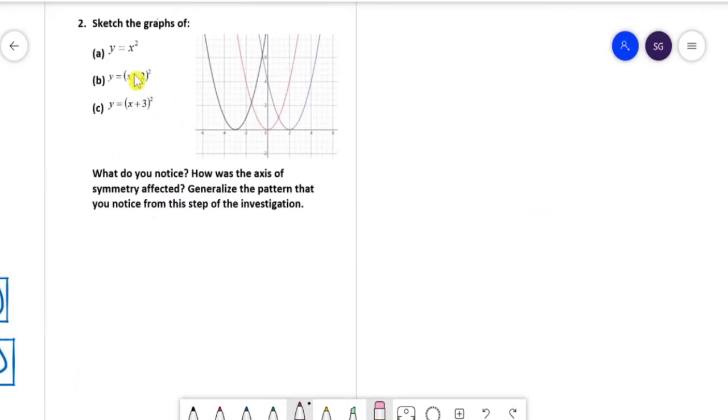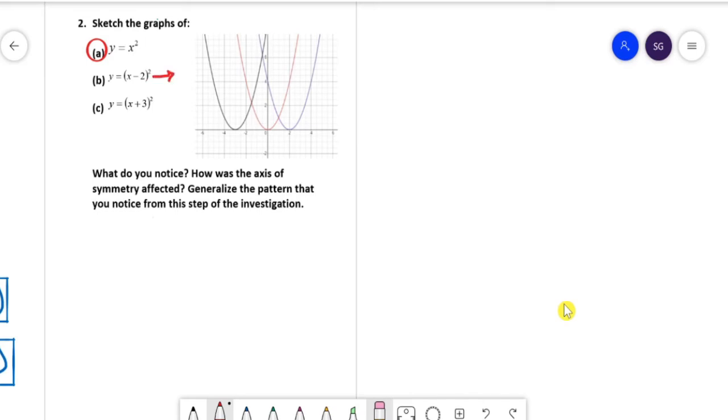Okay, so again, I have already graphed these using the Desmos software, and I'll label the colors of each of these. You see the red one here, the one in the middle, that's the original one, y is equal to x squared. And then y is equal to (x minus 2) squared. That's the opposite way of remembering. If you are subtracting 2, then it goes that many units forward.